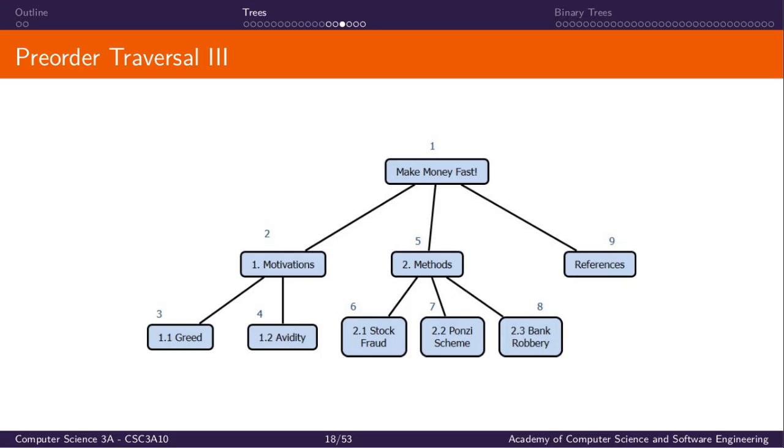We then visit the next child, methods. And to visit that, we first visit it, then each of its children. So note it is visited first there as the 5th node we visited, then its children in order 6, 7, and 8. Now we've visited the second child of the root. We then visit its last child, references, and that is visited last.